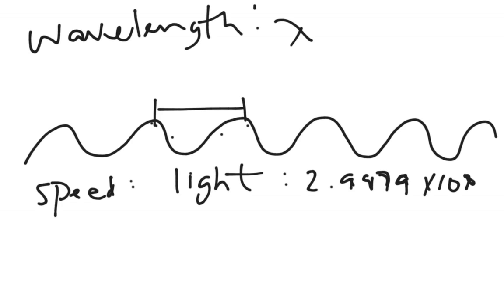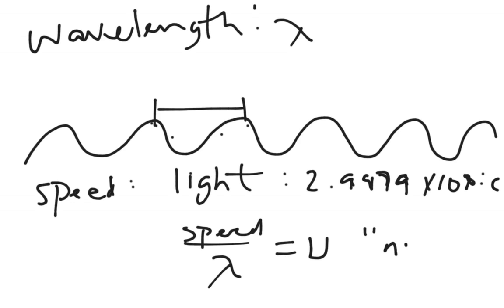Okay, if I put those two things together, if I divide the speed of the light, c, by the wavelength of the light, I get my frequency, which is nu, the Greek letter nu.